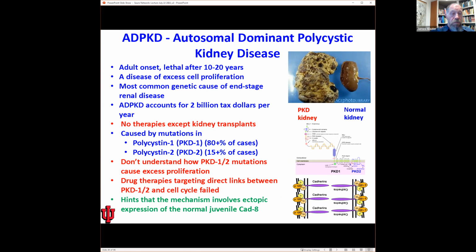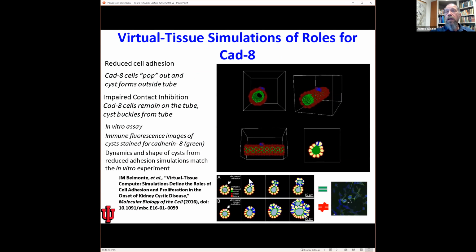Our collaborator, Bob Bacalhau of Indiana University School of Medicine, had done some beautiful in vitro work suggesting that perhaps, again, adhesion defects were central to what was going on. Again, Giulio Belmonte did some nice simulations of what would happen if you took a kidney tubule, you introduced a cell with an adhesion defect, and he was able to show that you get proliferation and cyst formation.